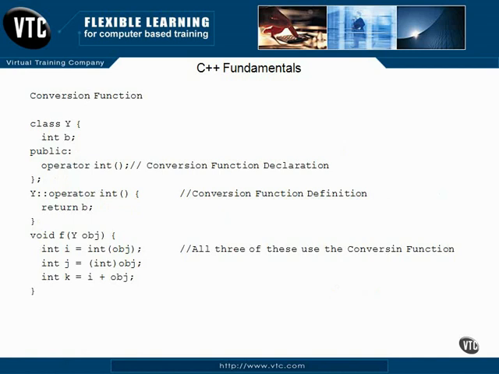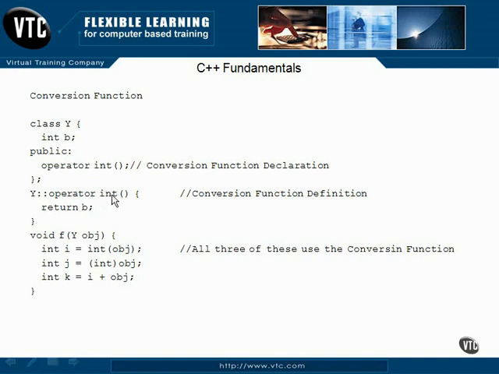So here we have an actual conversion function that is put into the class, which is created to perform a specific conversion. This one is going to convert from an integer to our object. So here we have the class Y, and here is the definition of operator. That's the keyword there, that we have operator, and that we're creating an int operator.